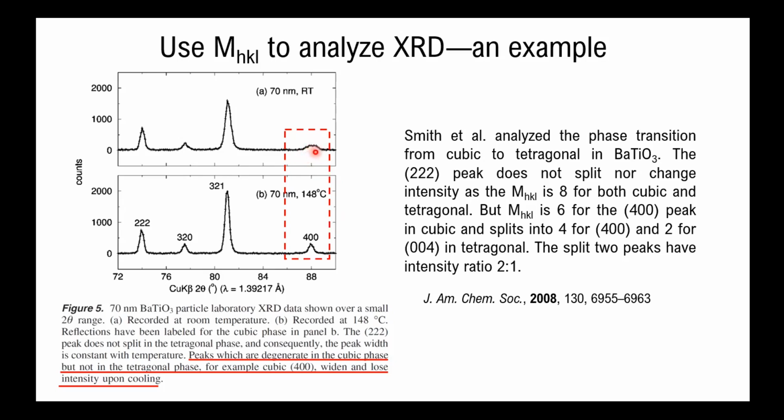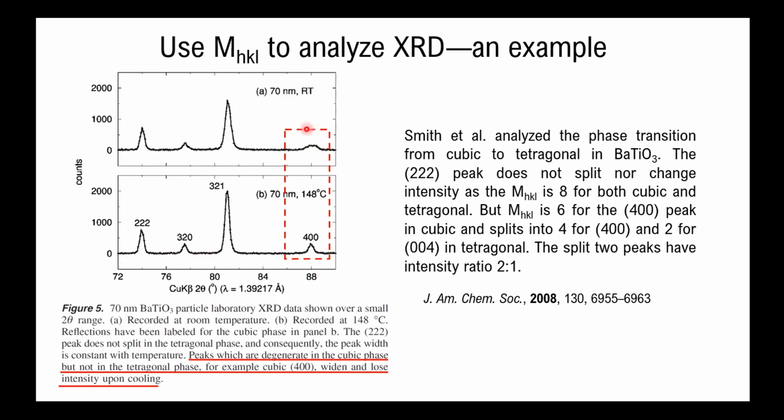It's lab X-ray, so it's not very well resolved, but you can still tell there are two peaks, right, once the phase is cooled down. In comparison to this one, other peaks mostly stay as a single peak, right? We do not see obvious splitting for other peaks, but only for this one.